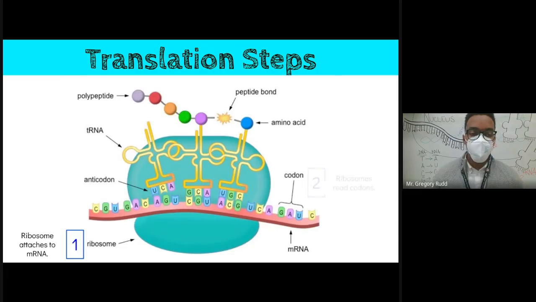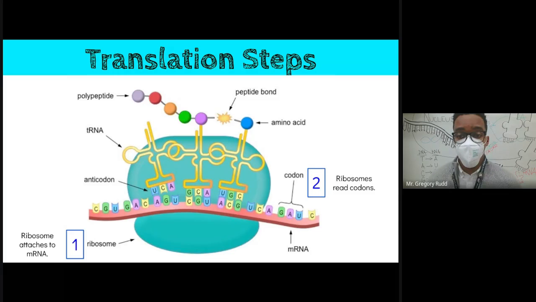Then it's going to start to read the mRNA. And it reads the mRNA in groups of three called codons. That's my 2 hours of sleep coming out. The ribosome is going to read the mRNA in groups of three called codons. So we can see a codon there in the example GAU.